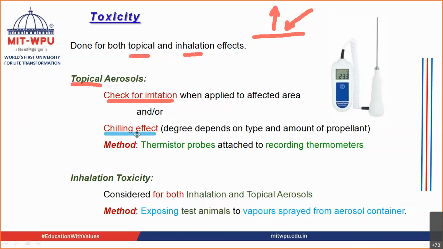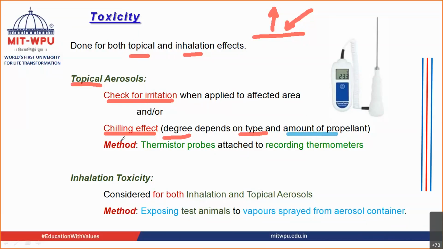This chilling effect depends upon the type as well as the amount of propellant. If the quantity of propellant is high, then the chilling effect is high. If the quantity of propellant is less, then the chilling effect is going to be less. Also, it depends upon the type of the propellant, so the degree depends upon which type of propellant you are using, and also upon the amount of propellant that you are using.